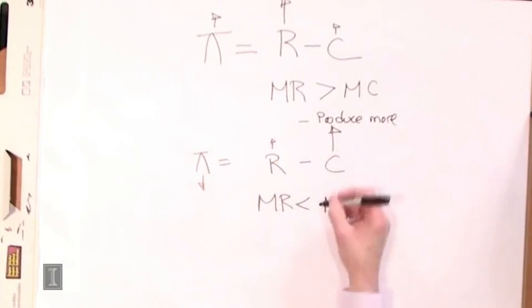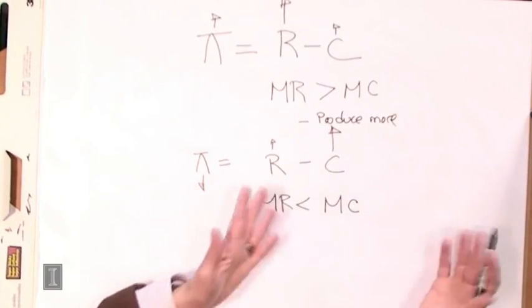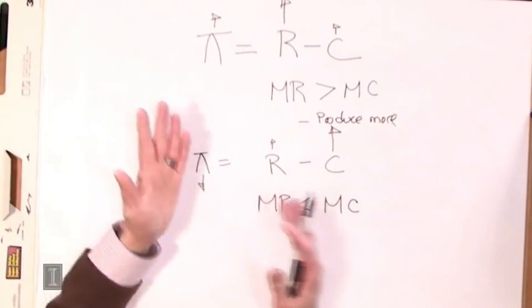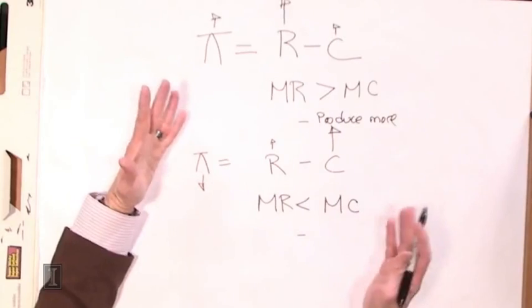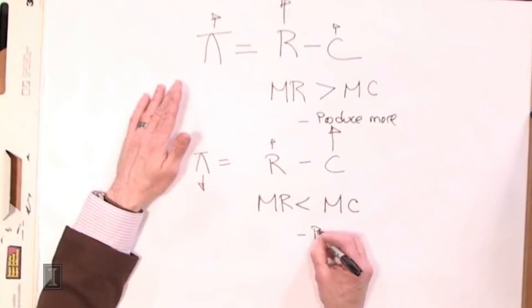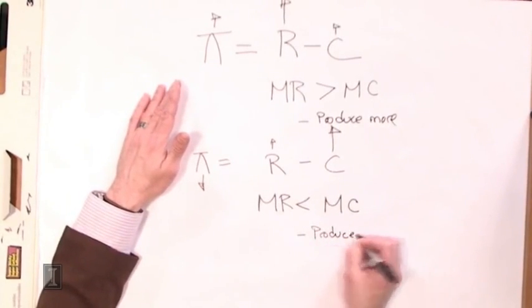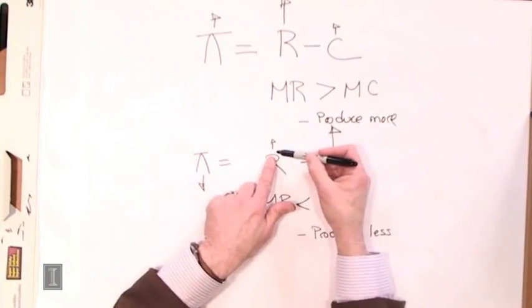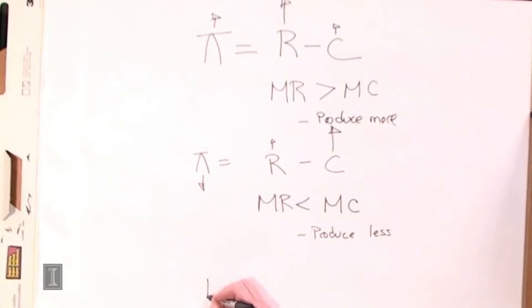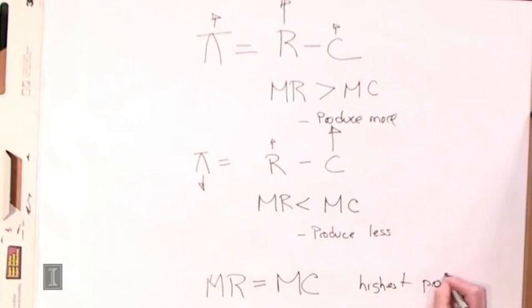So when your marginal revenue is less than your marginal cost, you should cut production so you can get rid of more cost. And if you produce less, you get rid of more cost than revenue. And you know you're doing the best when your marginal revenue equals your marginal cost, then that is the highest profits.